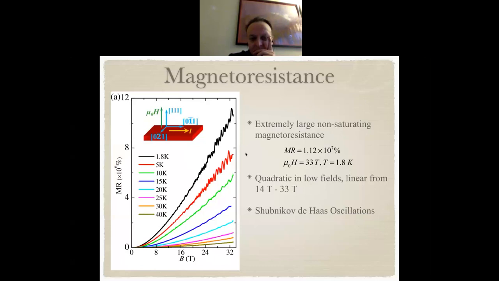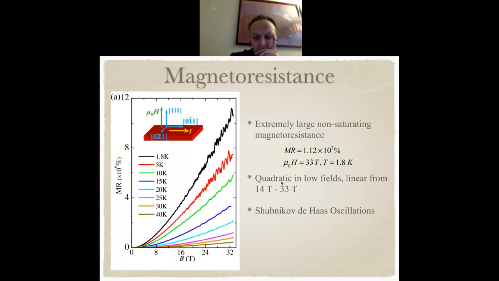The extremely large magnetoresistance is also common in these types of materials. So this material, I think, was one of the largest ever reported in terms of the MR percent. 1 times 10 to the 7th is a pretty large number. You could probably think of a way that would be useful in circuits. Just by applying a field, you completely change the resistive behavior.